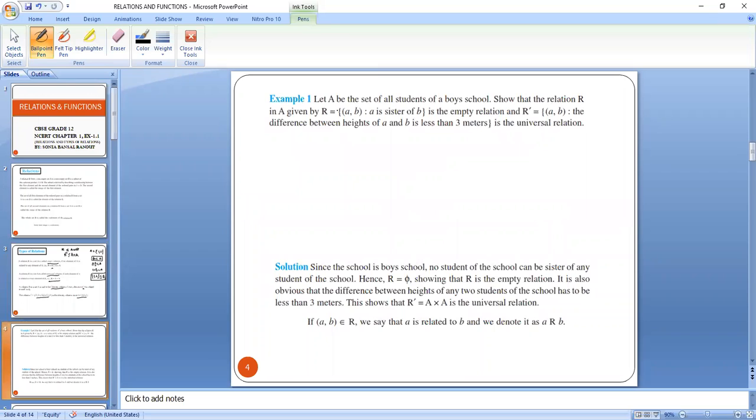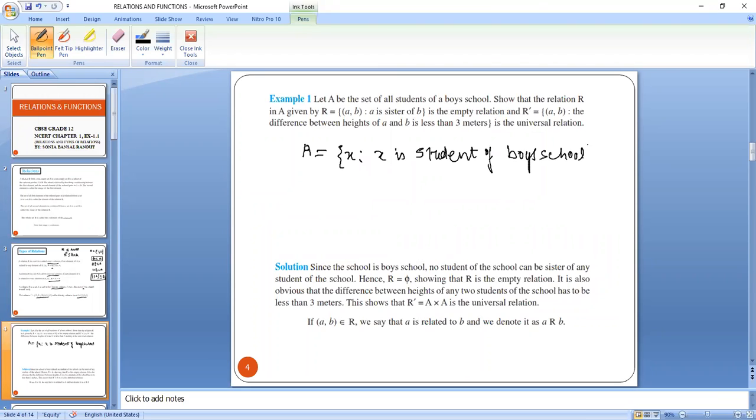Let A be the set of all students of a boys school, right? A is a set containing x such that x is a student of a boys school, right?